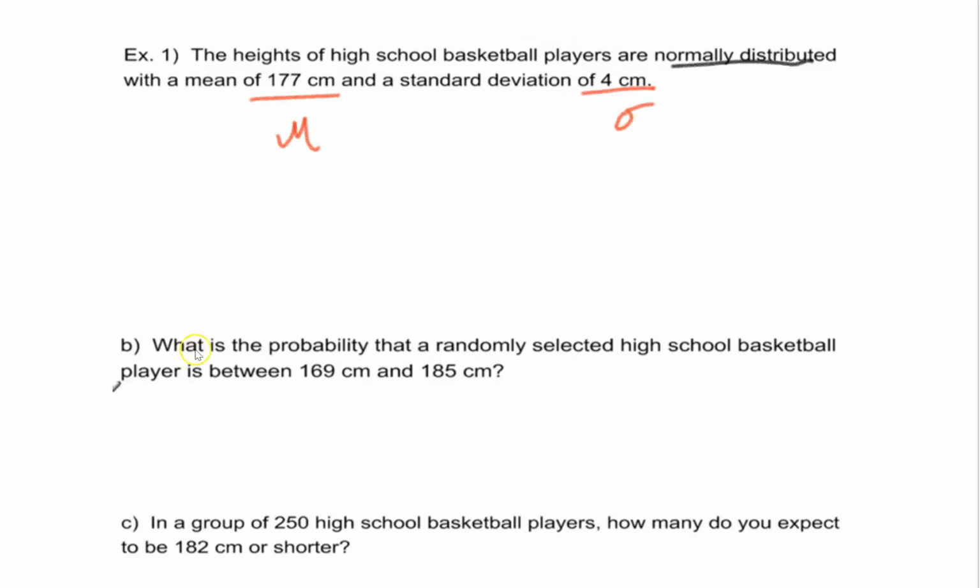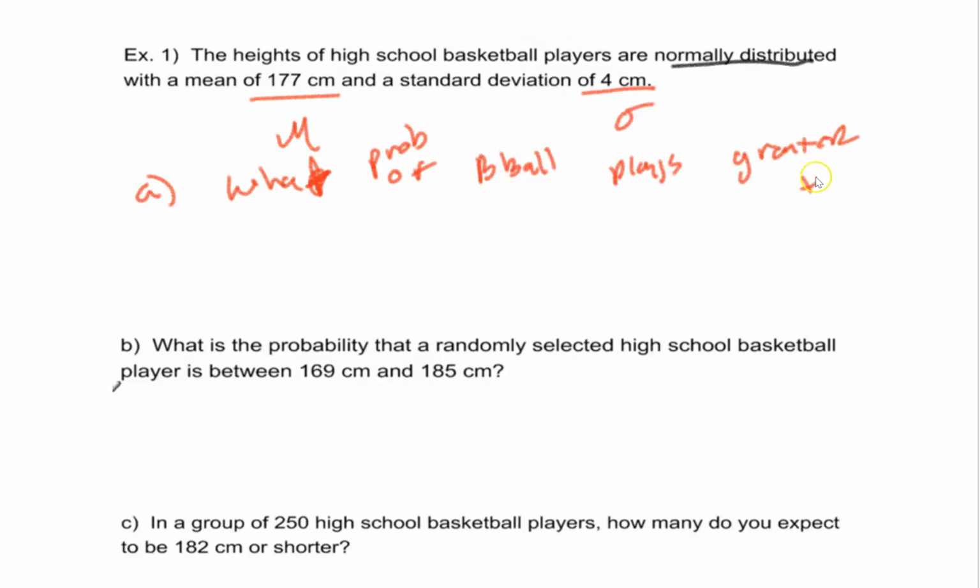I don't have the A problem, but I believe it was something to the effect of: what's the probability of basketball players, boys or girls, being greater than 190 centimeters? So I want to know the probability of getting something greater than 190 centimeters. Again, I like to draw it.